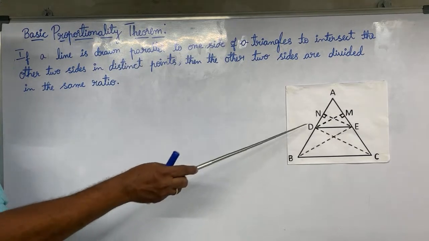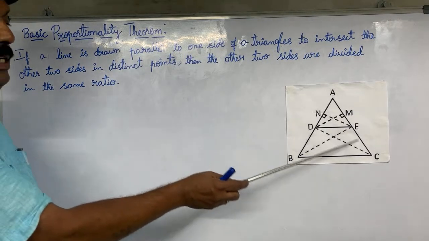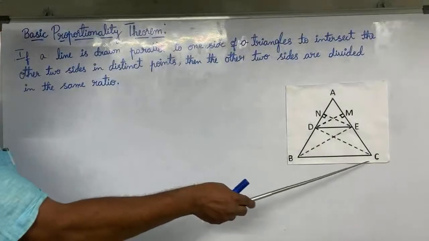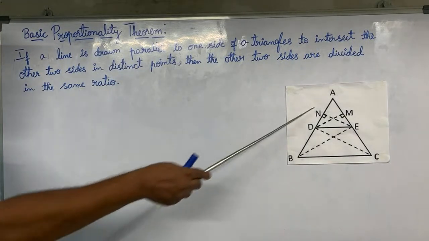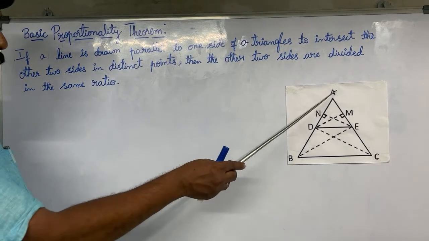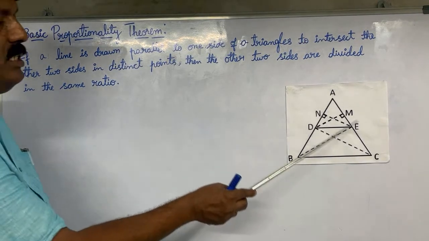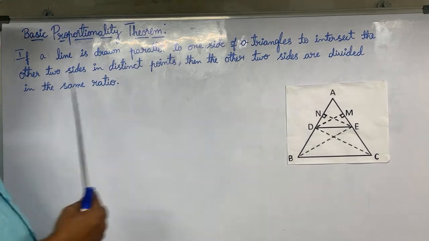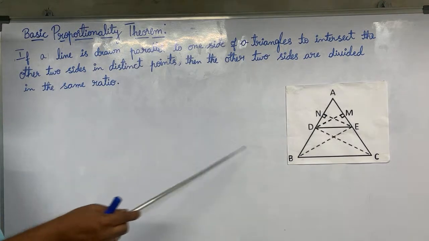AB is intersected at the point D, and AC is intersected at the point E. So DE is drawn parallel to BC of the triangle, and it intersects the other two sides at distinct points, AB at the distinct point D and AC at the distinct point E. Then the other two sides are divided by the points D and E in the same ratio.